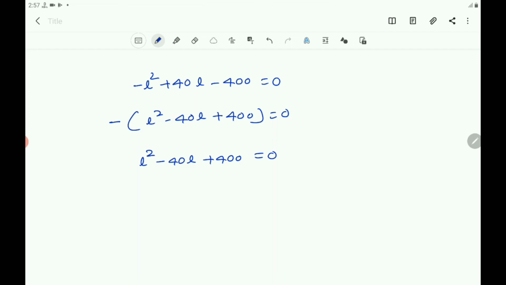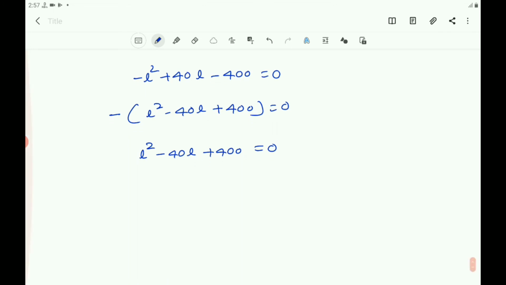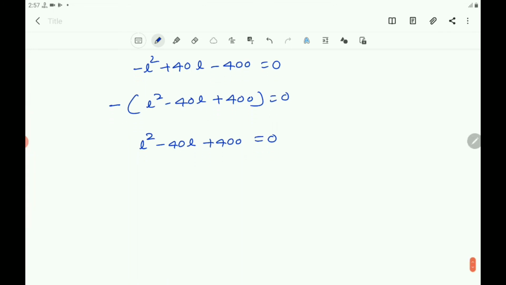Then verify whether the real root exists or not. If the real root exists, then you can conclude that a rectangular park of perimeter 80 m and area 400 m square can be designed. Here A equals 1, the coefficient of L square, B equals minus 40 and C equals 400.